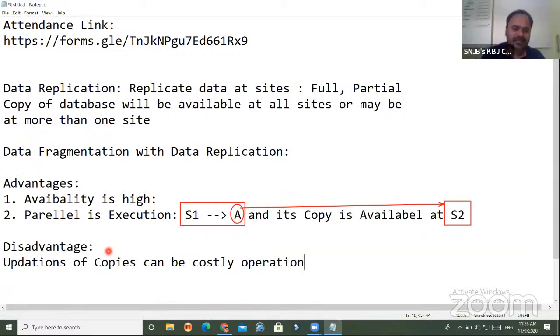Okay, can be costly operation. So that is one of the disadvantages of data replication.